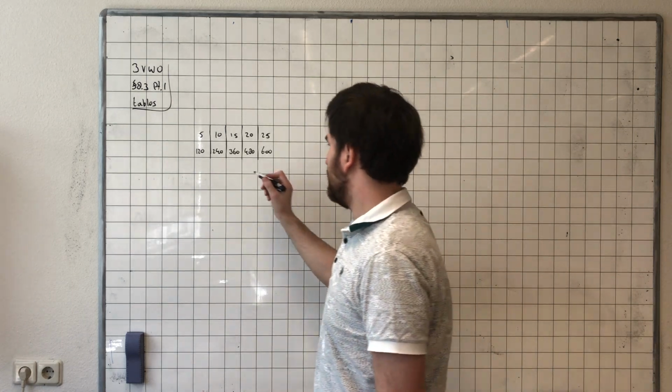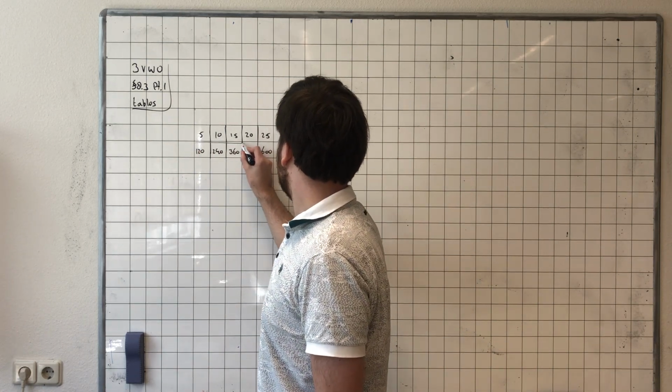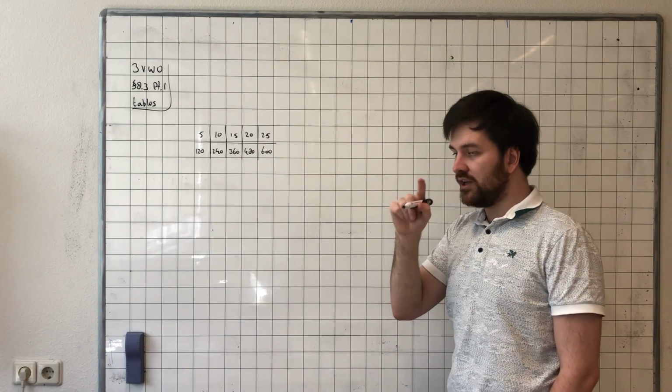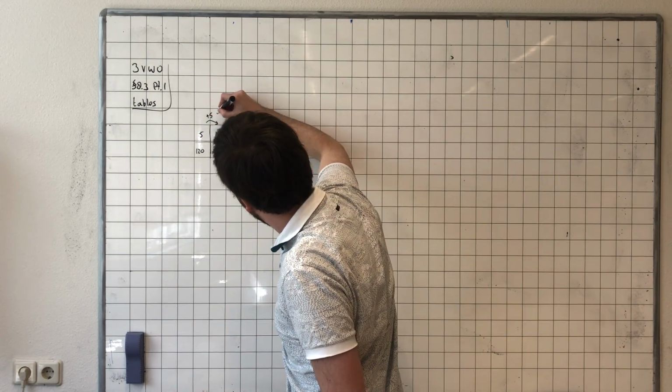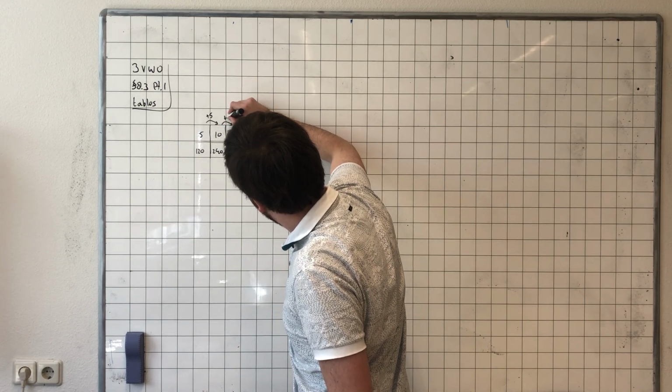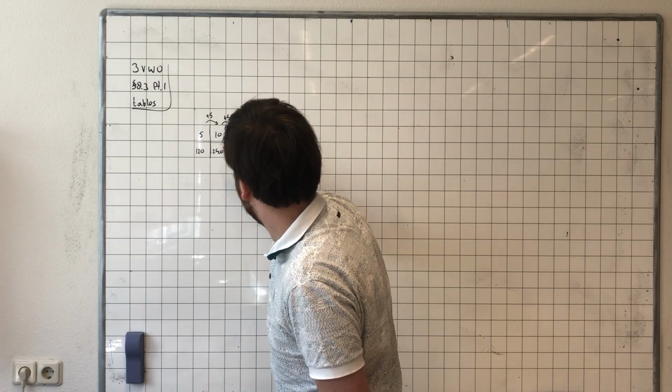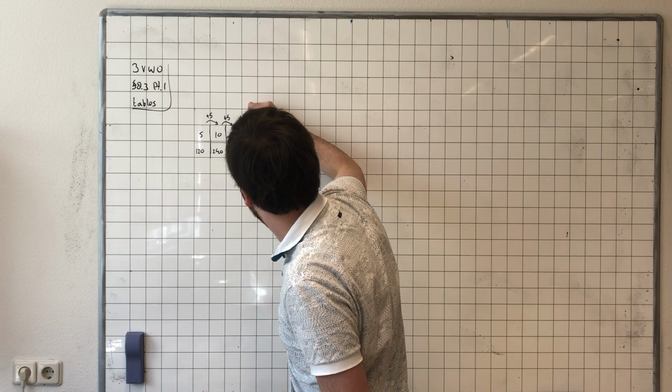Then what you can see is whenever I add 5 over here, I also do the same thing in the next step.